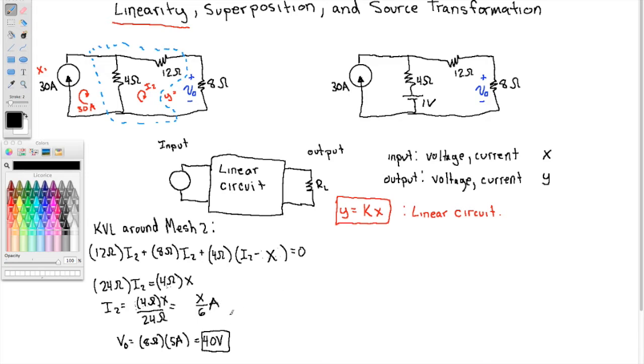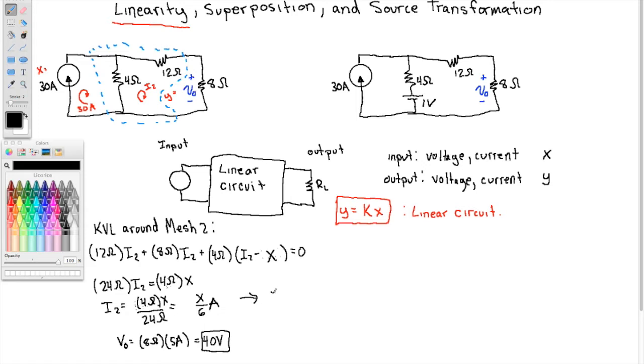Now that's the current. It was 30 before, so then I2 was 5, right? 30 over 6. So you tell me whatever the input is, X, and I'll tell you this hypothetical mesh current, X over 6.